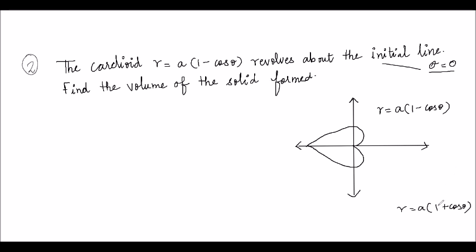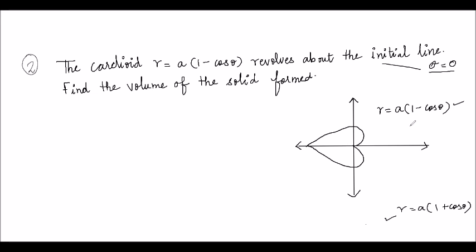Both of these curves are symmetrical about the initial line, because when we replace theta by minus theta in both of these equations, there is no change in the equation of the curves. It means that these curves are symmetrical about the initial line.